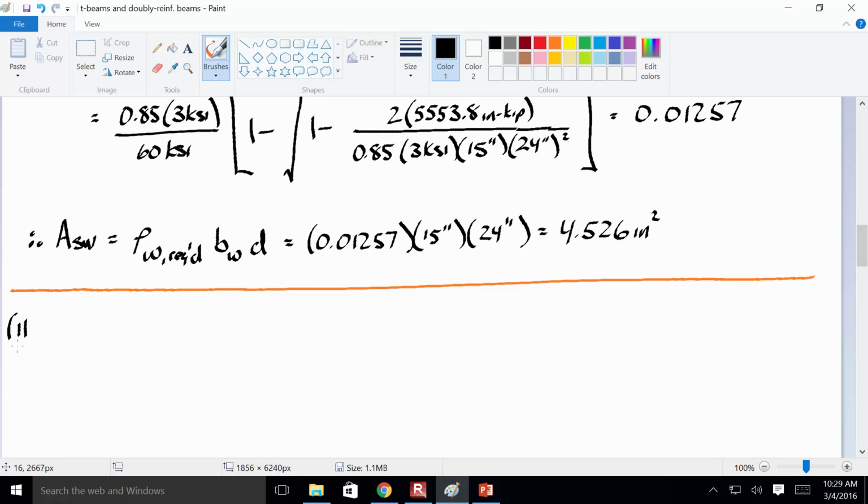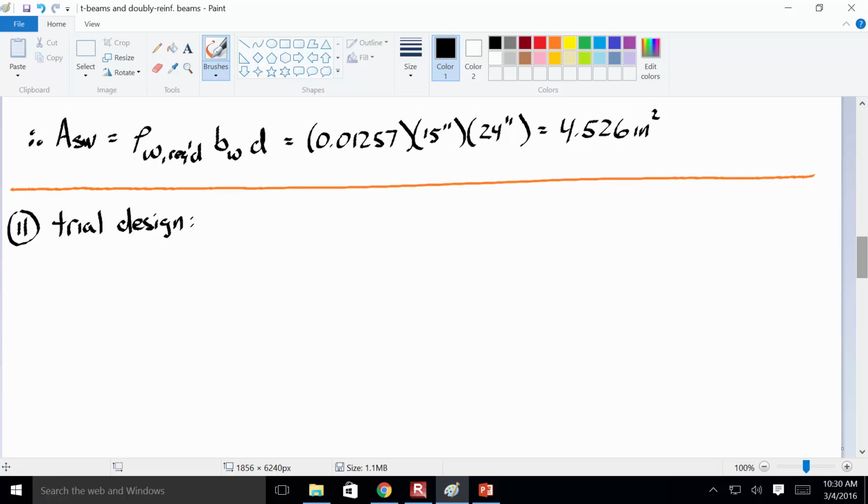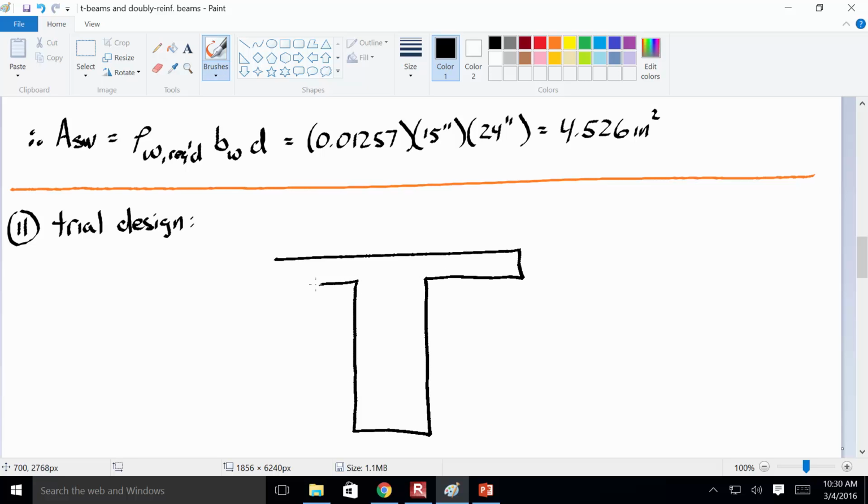So, for your trial design, and keep in mind it's trial because we've still got to make that check of our phi. Ultimately, the one assumption we haven't dealt with is phi. Here's what our trial design is going to look like. Obviously, it's a T-beam. Let's see.